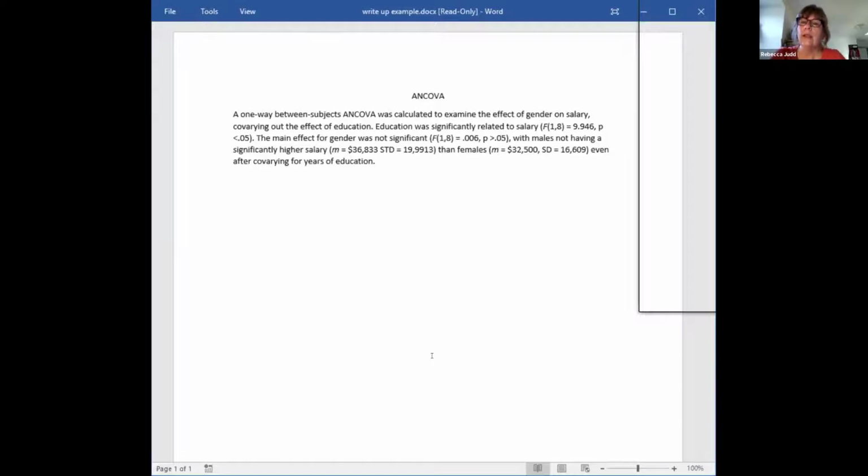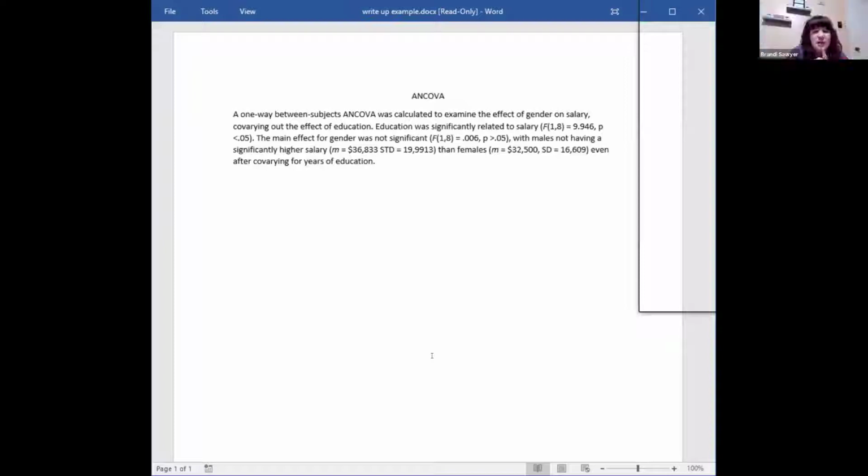So basically in our data, gender is not related to salary, it's not significant, even when we include years of education. But years of education was significantly related to the salary.